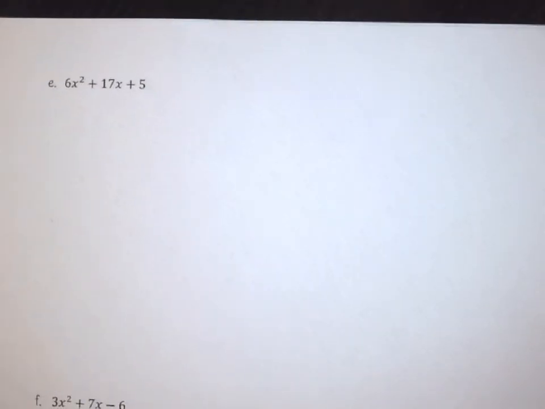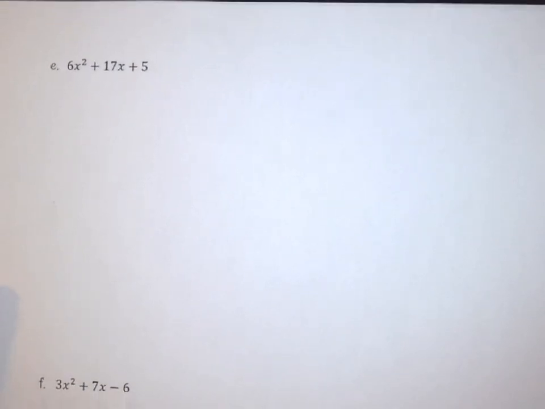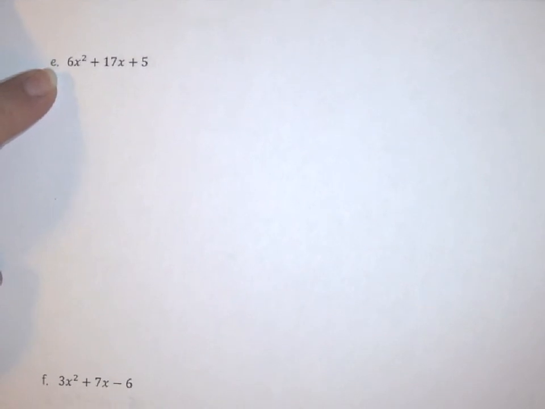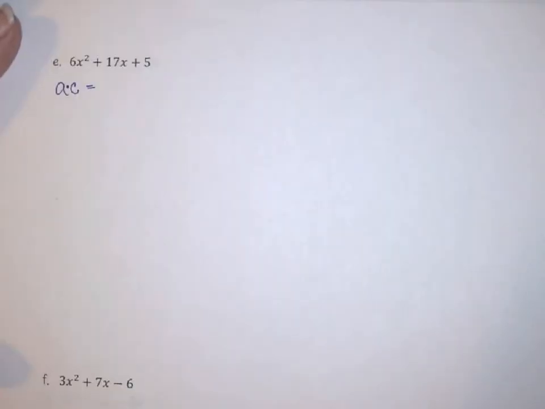Now let's look at an example where your a term is a value greater than 1. Since this term is greater than 1, for this one I would use that AC method. So that AC bottoms up method says I need to do a times c.